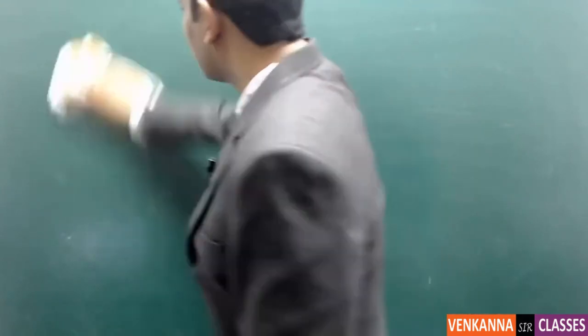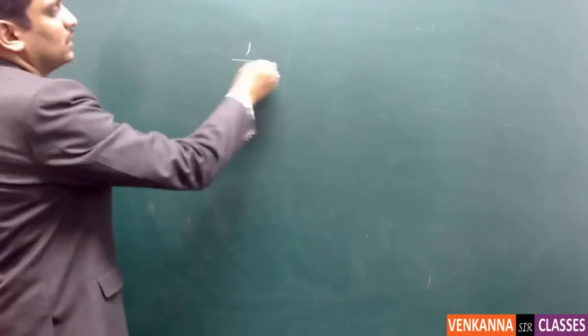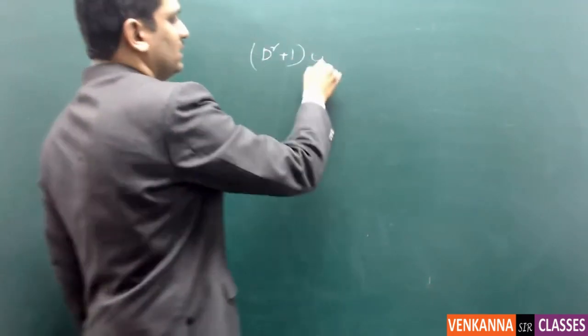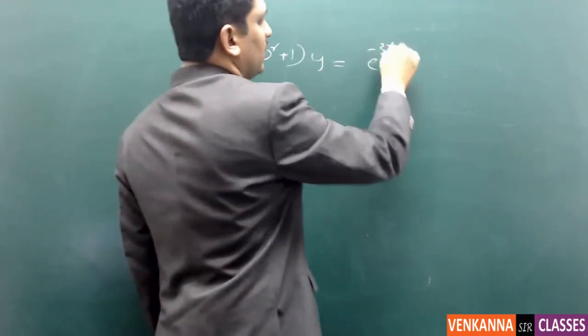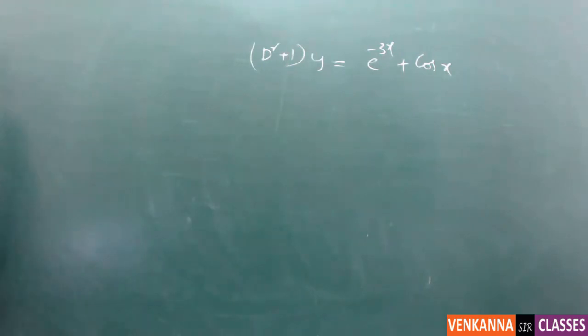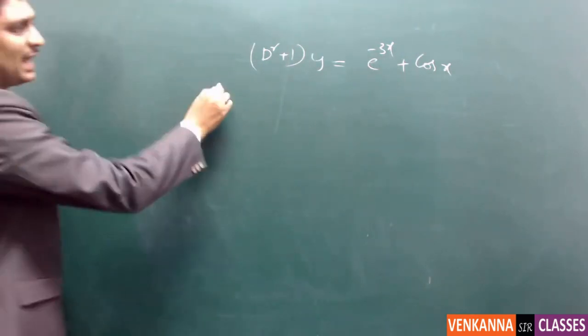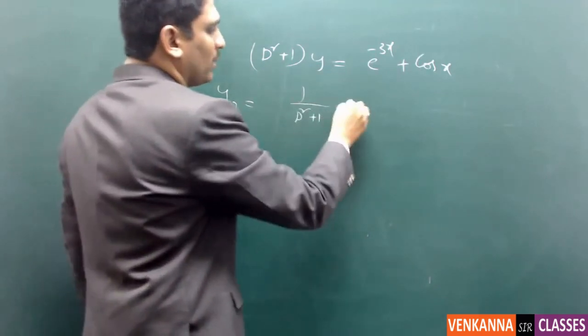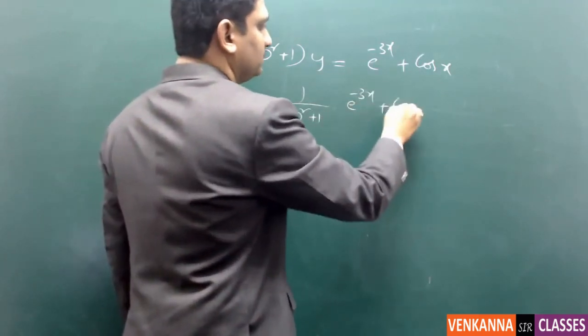So please understand one thing, that if I have given a problem that 1 d square plus 1 into y is equal to e power minus 3x plus cos x. Now what happens? While calculating yp, you are going to apply the two functions here.